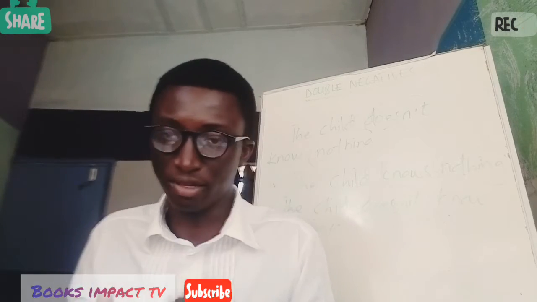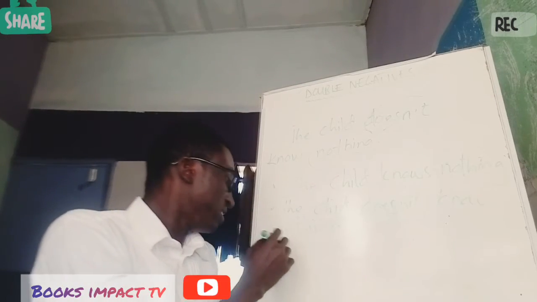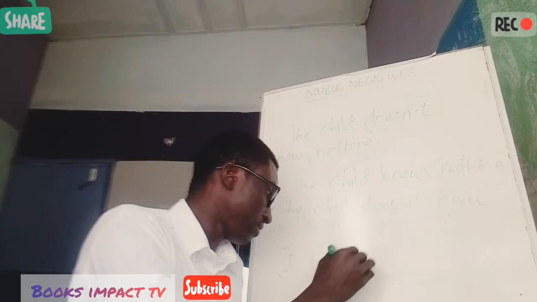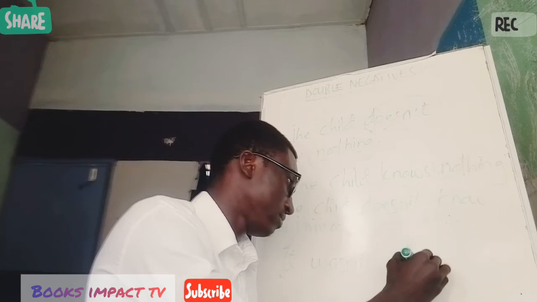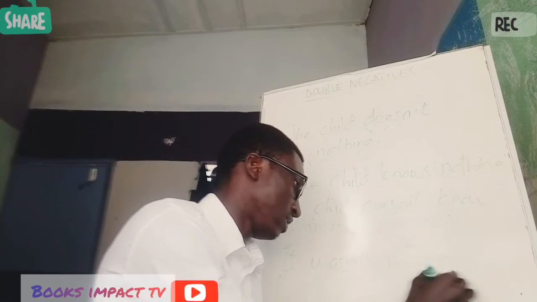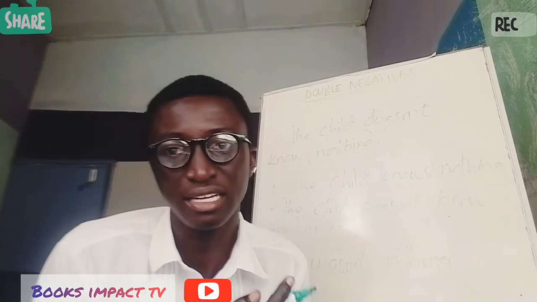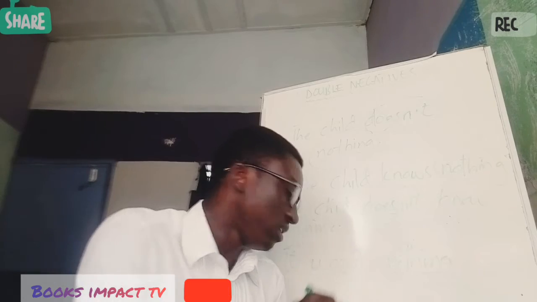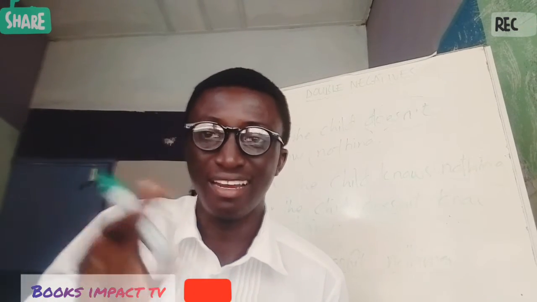So it is also wrong to say, "It wasn't nothing." Nothing is a negative particle, and "not" here is also a negative particle. When you use them both, you are committing an error in a sentence.